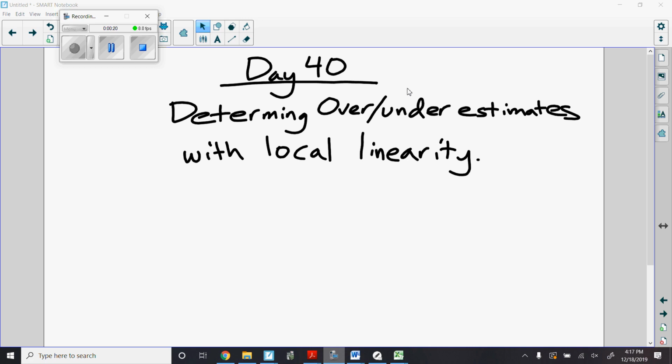So the first thing is, how do we determine over or under estimates with local linearity? We can't always determine it, but sometimes if we're given the right piece of information, we can determine it.